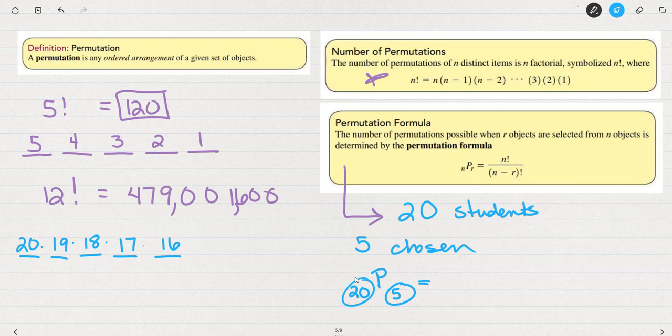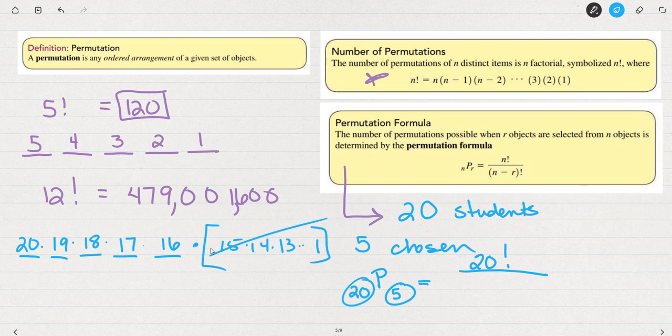Another way to do this is with a formula where I do 20 factorial, but notice what I've not used. Notice that I didn't use the 15, 14. If I did 20 factorial, it would have kept going from 15, and I didn't use those places.